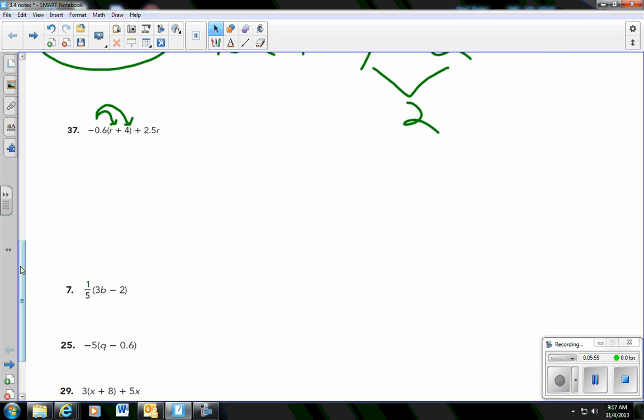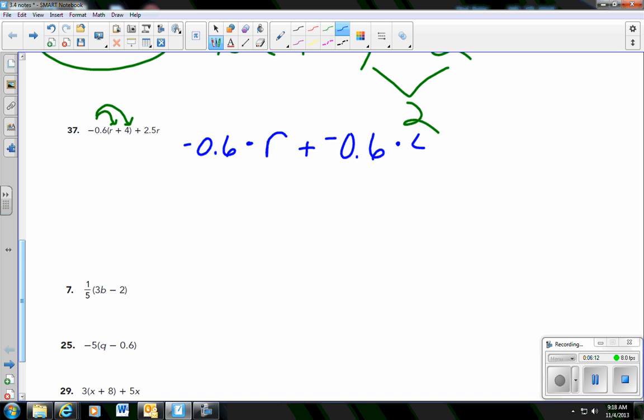So you do not multiply the 0.6 times the 2.5r. Right? So negative 0.6 times r plus negative 0.6 times 4, and then plus 2.5r.